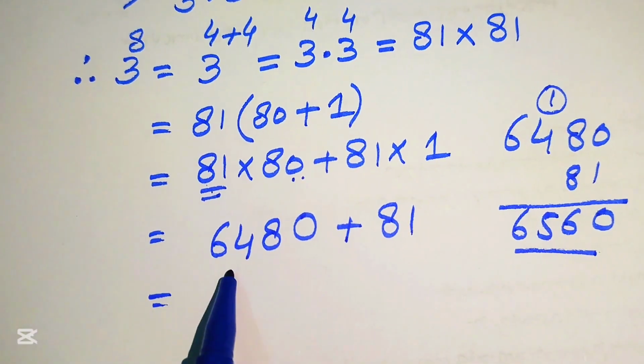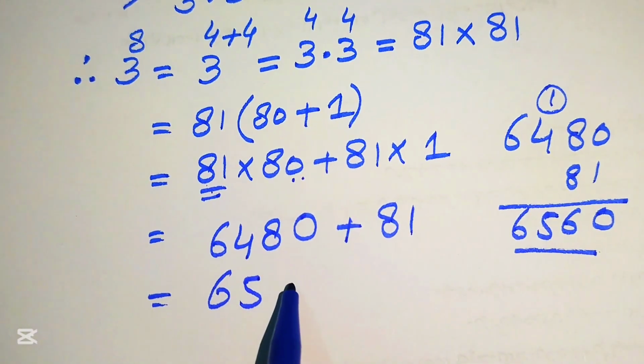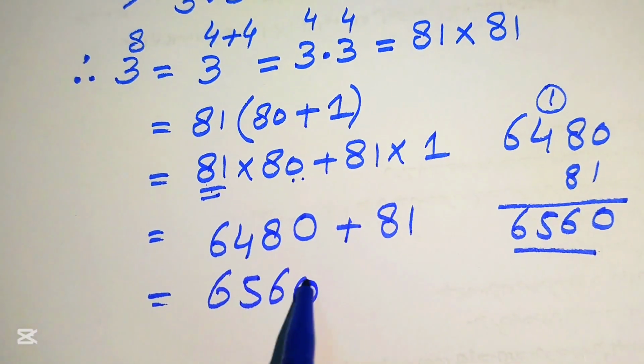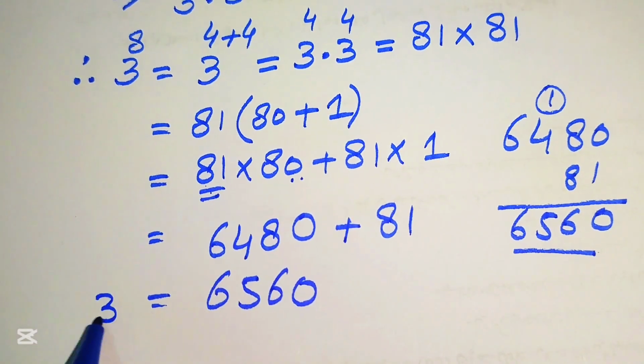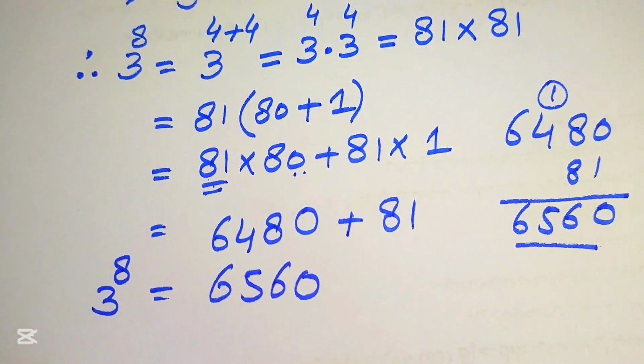So we get 6560. This is the value of 3 to the power of 8.